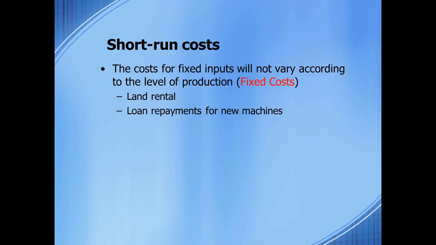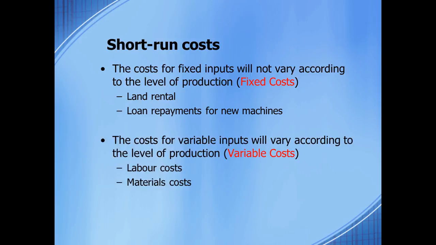So if the size of the input is fixed, the cost of the input is also fixed. They don't vary according to production, so it doesn't matter how much we get out of the land, the cost of the rent is still the same, as we're not able to change the size of the land we're renting or the loan repayments.